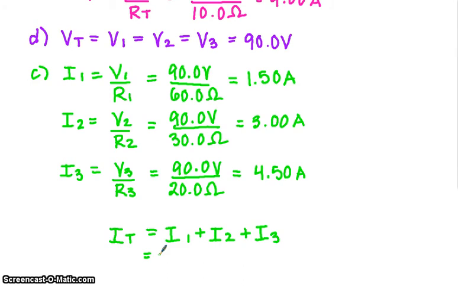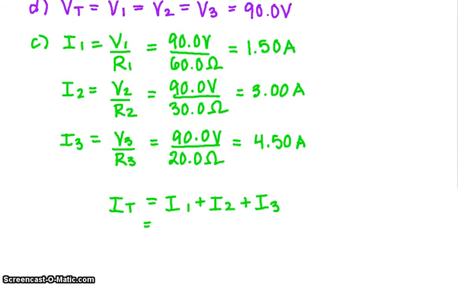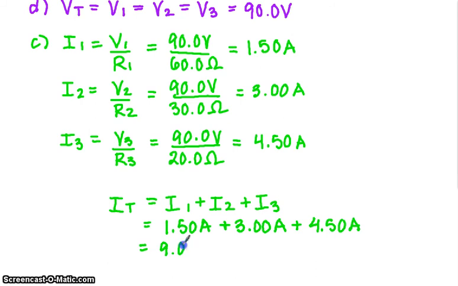In part B, we found that the total current was 9 amps. Well, if we look at what we just found in part C, we have 1.50 amps plus 3.0 amps plus 4.50 amps, which in fact gives us 9.00 amps, which is a nice little check that we got that part right.